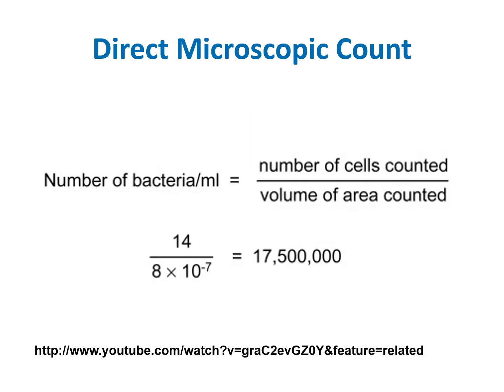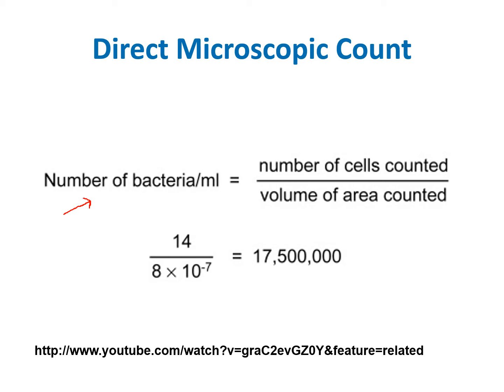To calculate how many bacteria in our culture that translates to, we would use this formula. Number of bacteria per mil is equal to the number of cells counted in our grid divided by the volume of the area that's counted. Remember, to calculate volume, you can measure the length times the width times the depth of that area under the cover slip, and usually that information is given to you in the packaging that comes with the slide.